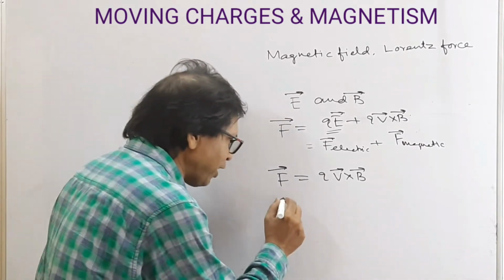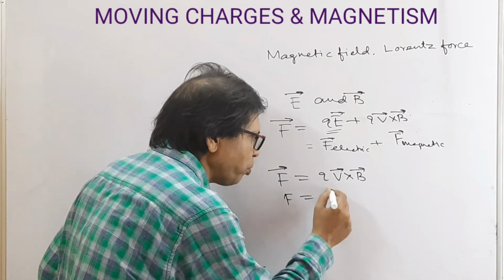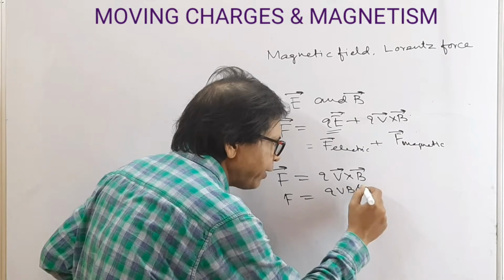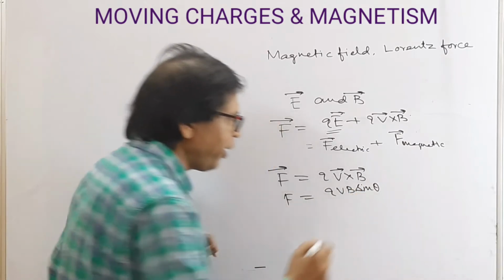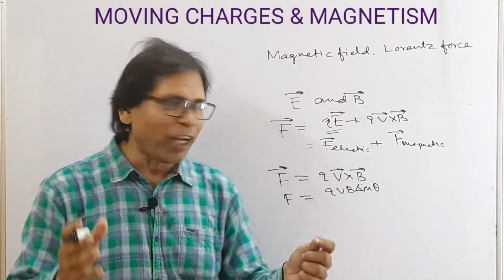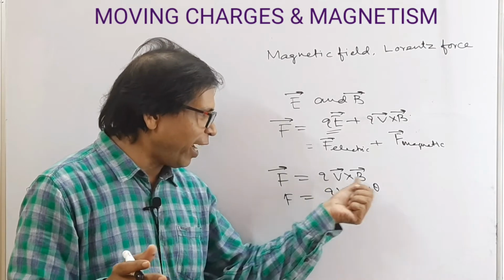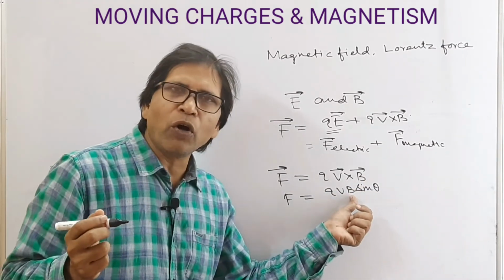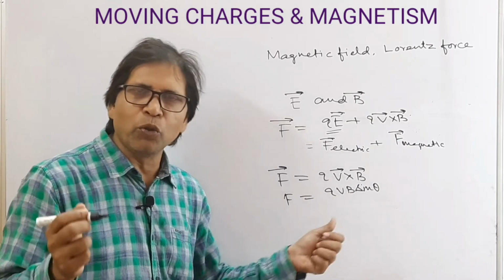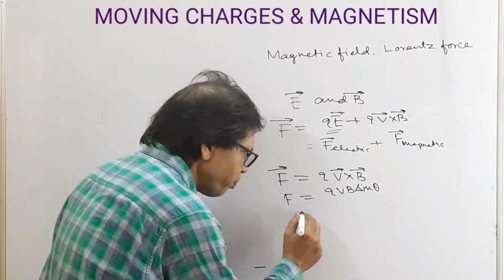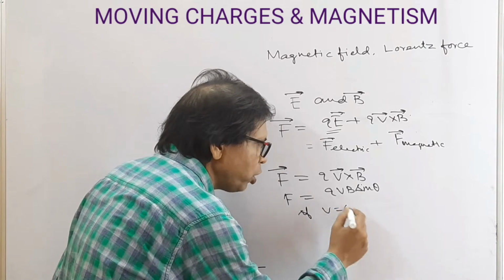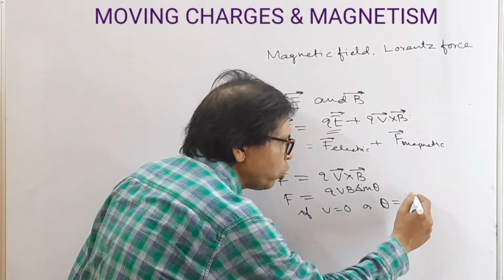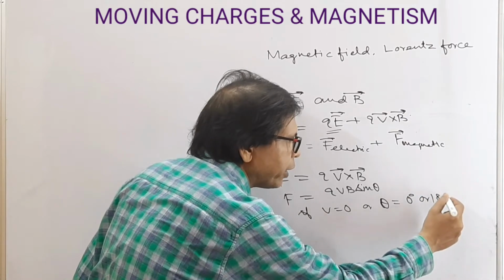Okay, so look at this. The magnitude of this force is Q B V sin theta, where theta is the angle between V vector and B vector. Now the magnetic force on a charged particle Q is 0 if V equal to 0 or theta equal to 0 degree or 180 degree.